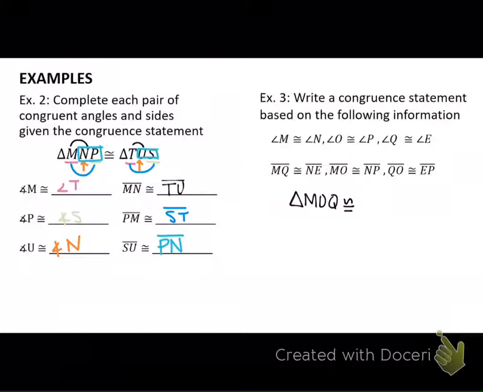What is triangle MOQ congruent to, Cameron? Which angle does M match up with? So it starts with N, then what? P. Perfect.